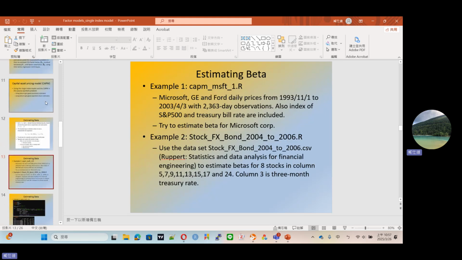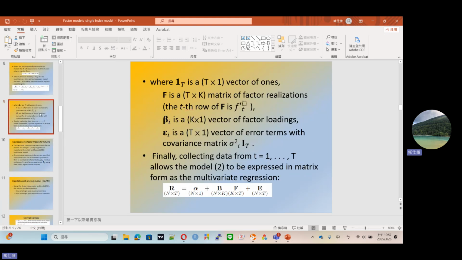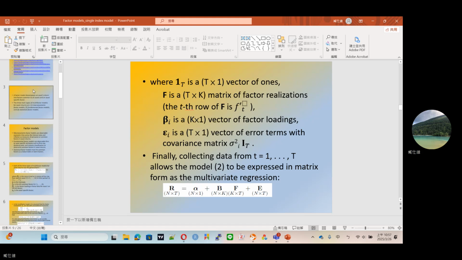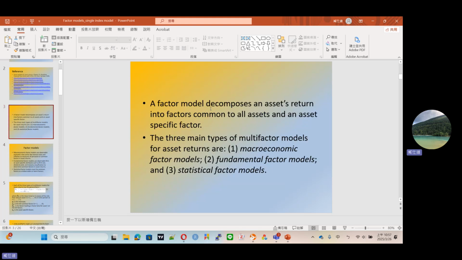Okay, I'll put this on the Trunk class later, but let me explain what we are doing here. This slide is focused on the factor model. Originally we will talk about factor models, and there are three types of factor models here. The first one is macroeconomic factor models. The second one is fundamental factor models, and the third is statistical factor models.